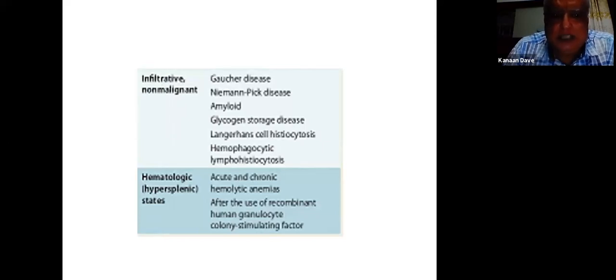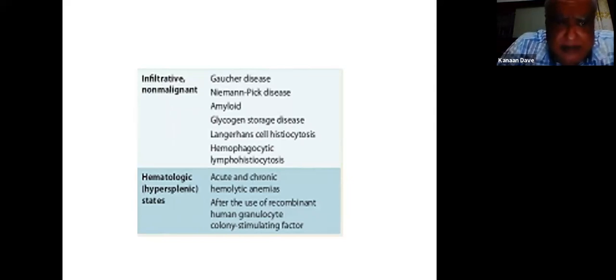It's a very huge list of these non-malignant infiltrative conditions, where we have proliferation of the macrophages in the splenic architecture, causing splenic enlargement. In most of these, the Gaucher's, Niemann-Pick, and glycogen storage disease, the macrophages are engulfing the products which arise because of a block in enzymatic activity.